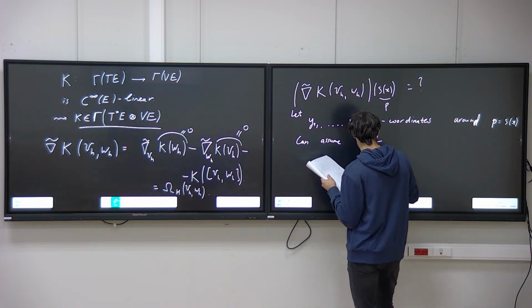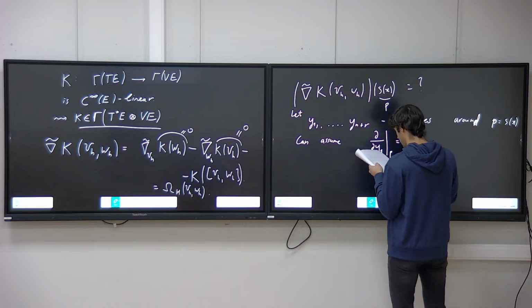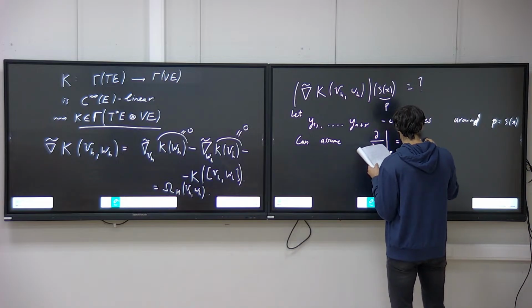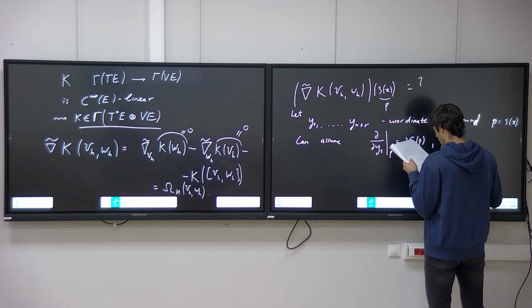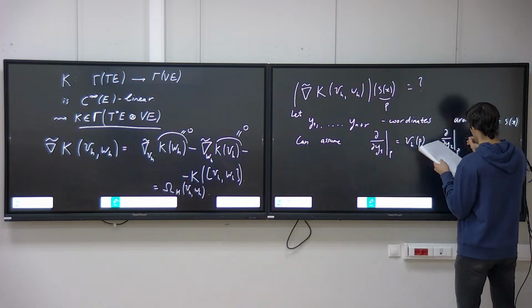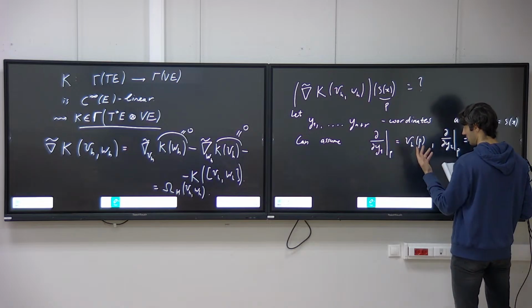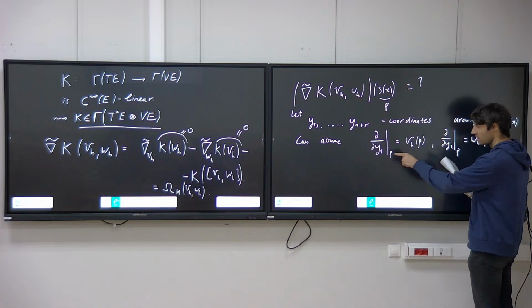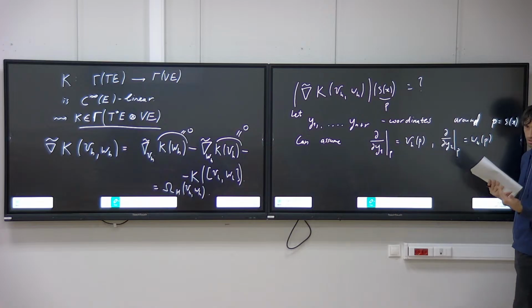So d over dy1 at point P is just VH at point P, and d over dy2 at P is WH. So this is some vector field on E, which is different from VH. But why I'm doing this is because the commutator of the d over dy's will be 0. This will make my life easier. So that's the whole point.